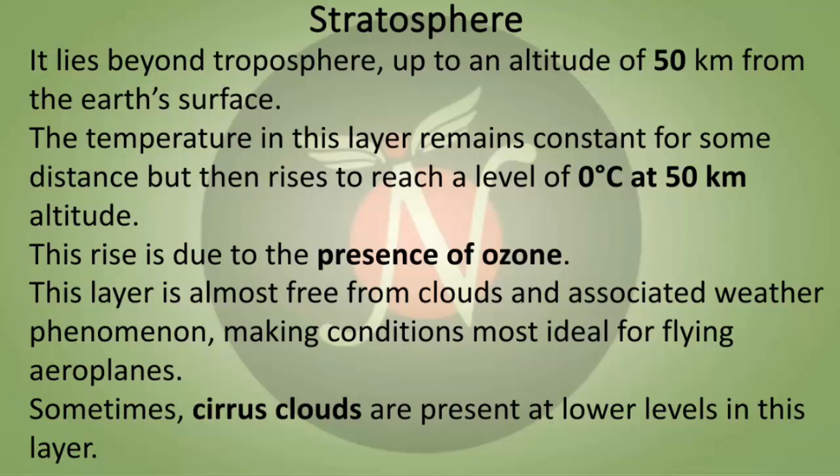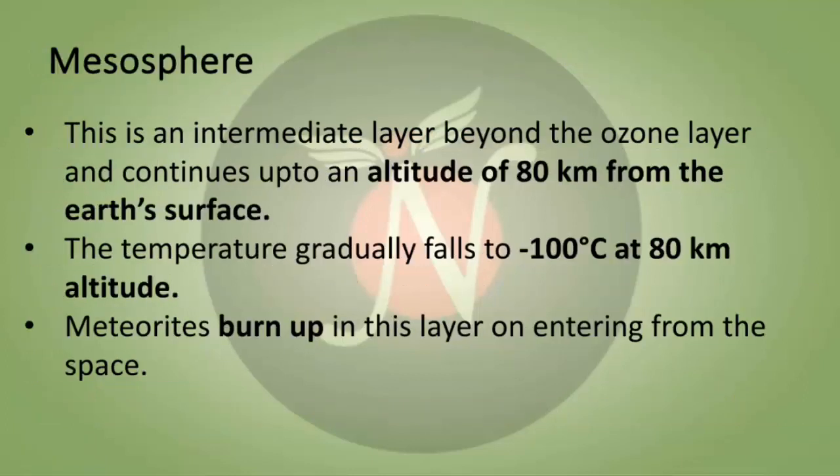This rise is due to the presence of the ozone layer. This layer is almost free from clouds and associated weather phenomena, making conditions most ideal for flying aeroplanes. Sometimes cirrus clouds are present at lower levels in this layer. So aeroplanes generally fly in the upper troposphere or the lower stratosphere.